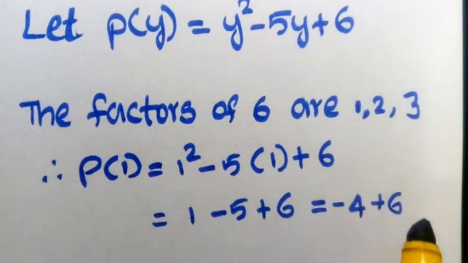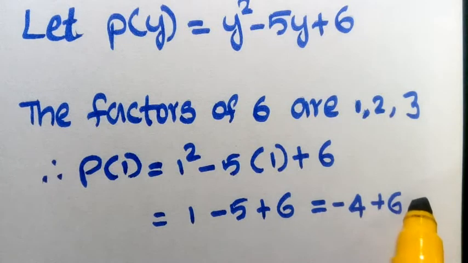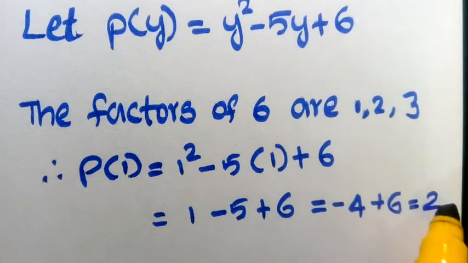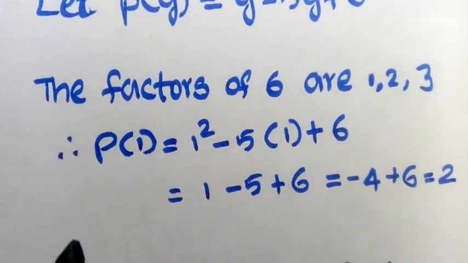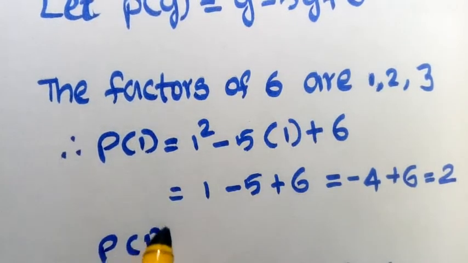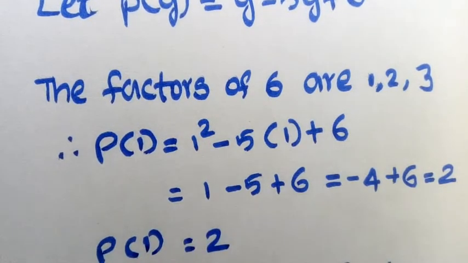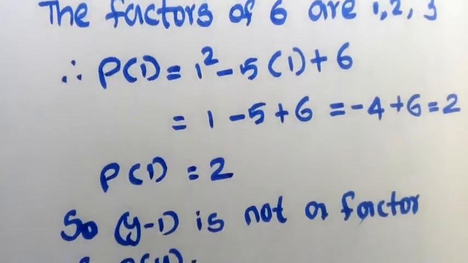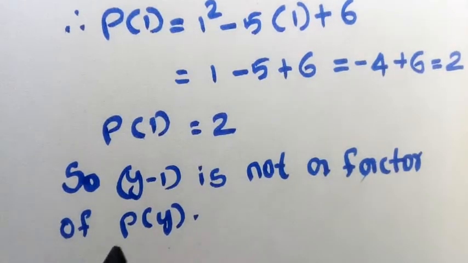What is minus 4 plus 6? Yes, which is equal to 2. So, we got p of 1 is equal to 2. So, y minus 1 is not a factor of p of y.